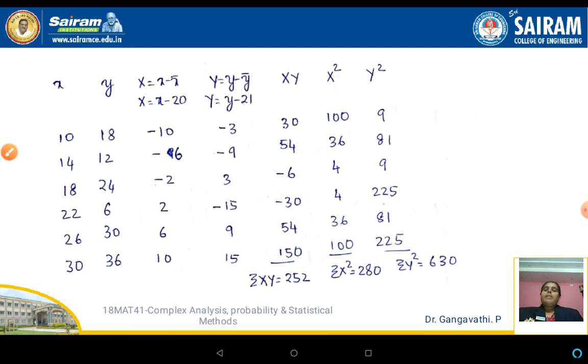So construct a table which fulfills all our requirements, with the given values of x, the given values of y, and evaluate capital X, that is x minus 20, capital Y, which is y minus 21, XY, X square and Y square. Summing up all the required values, we get summation XY is 252, summation X square is 280, summation Y square is 630.